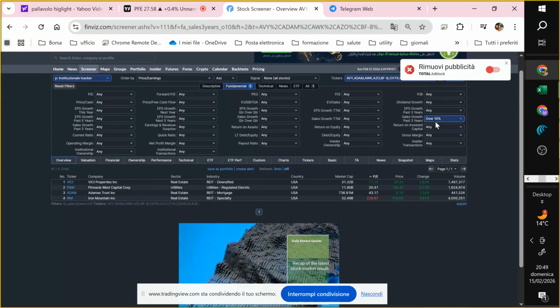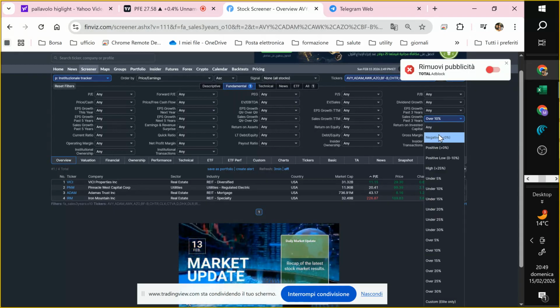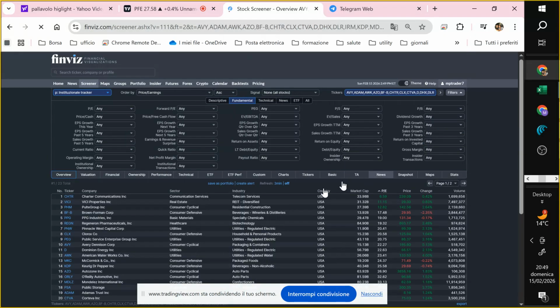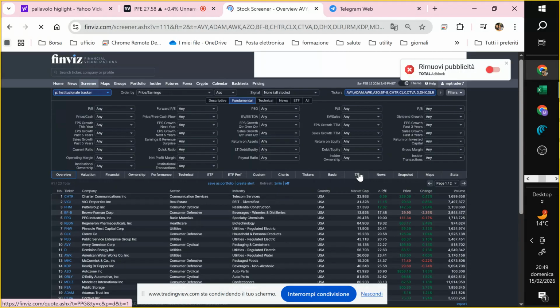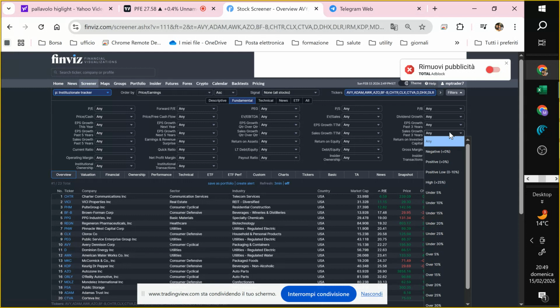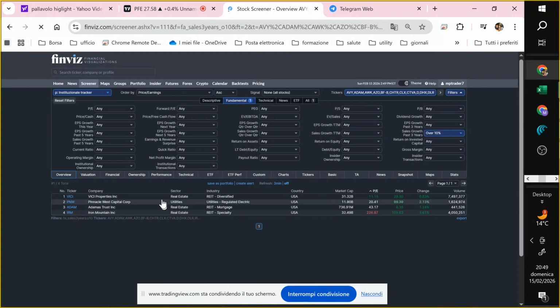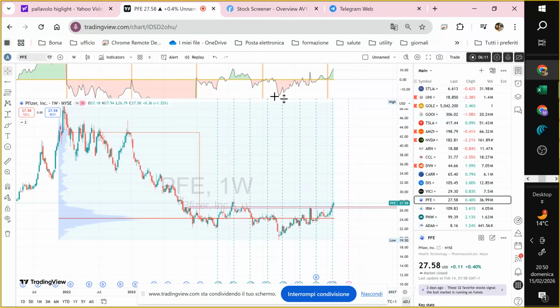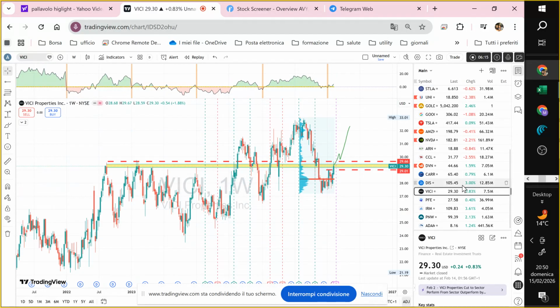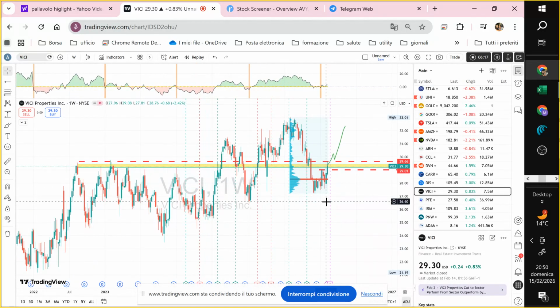So this parameter is very good to filter the analysis, because from 24 stocks we go down to only four. Now we can study these stocks with TradingView.